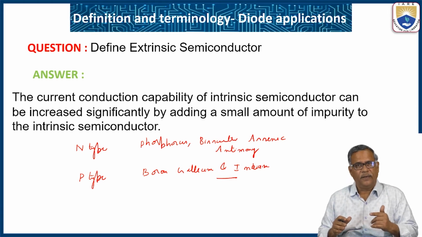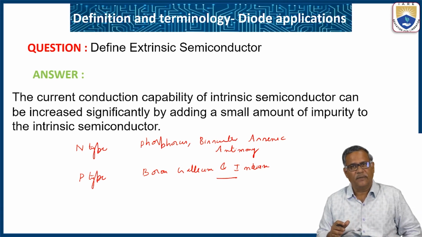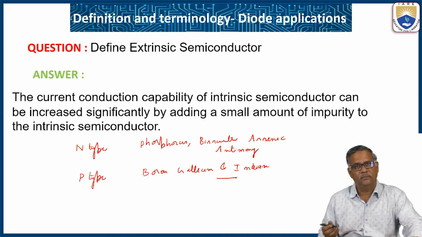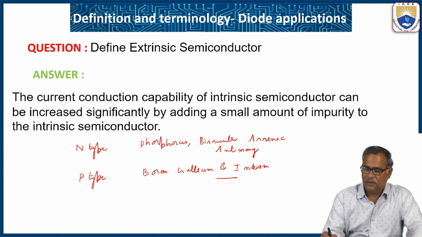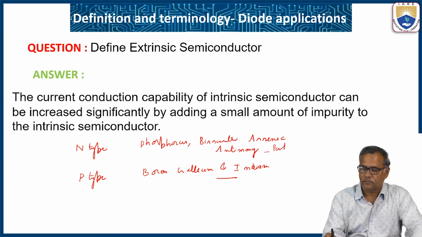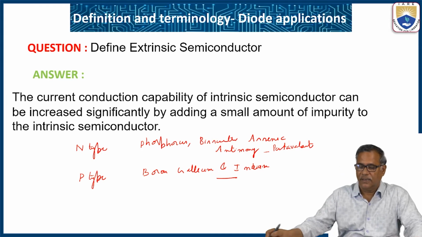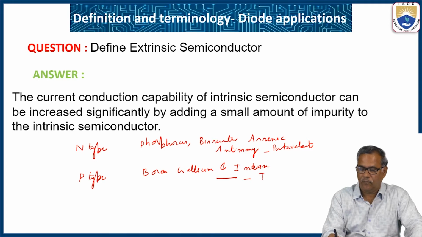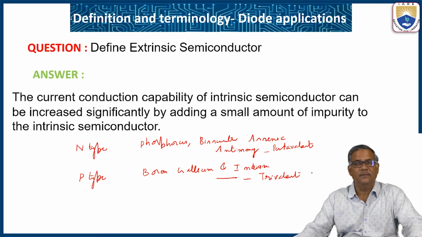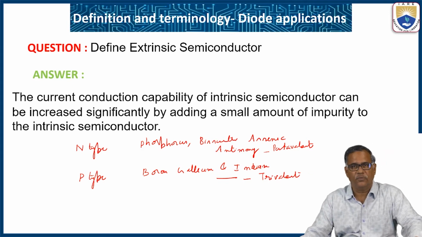And another important characteristic of these n-type dopants is that they are pentavalent atoms, which means that they have 5 valence electrons. Coming to the p-type, boron, gallium, and indium, these are trivalent. So that means they have 3 valence electrons in the outermost orbit.